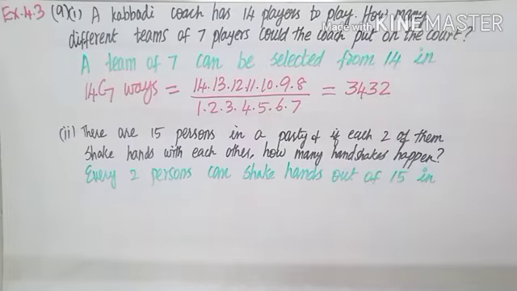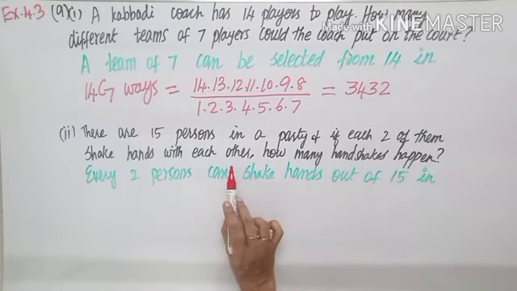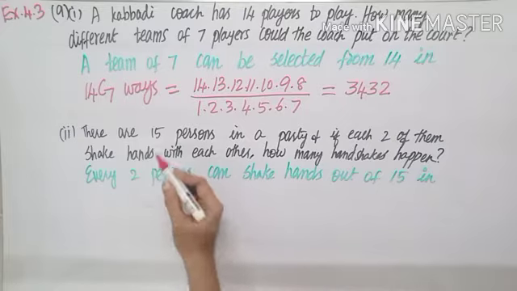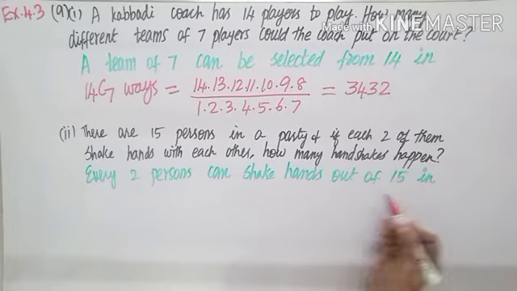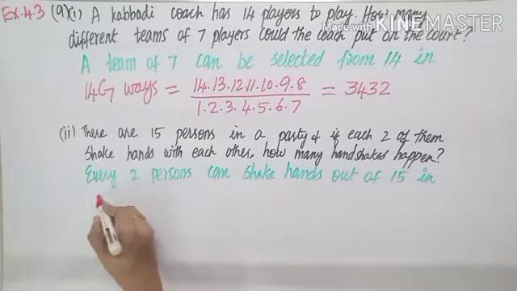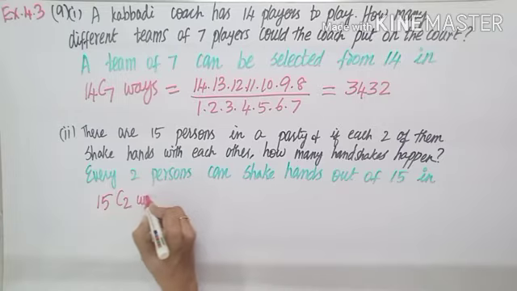Subsection 2. There are 15 persons in a party, and if each two of them shake hands with each other, how many handshakes happen in the party? 15 persons are there. Every 2 persons are shaking hands. So out of 15, we can choose 2 in 15C2 ways.